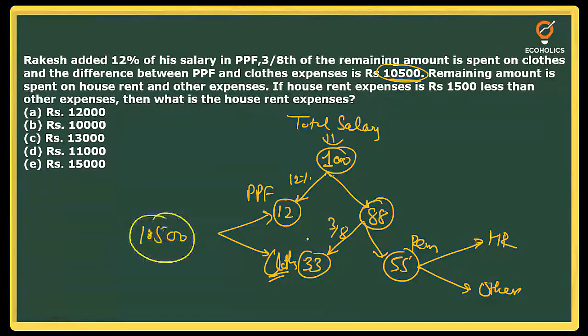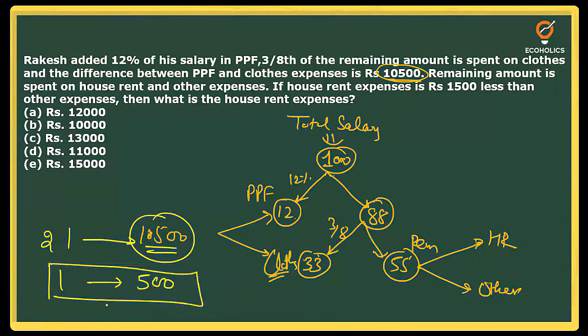So, 3 minus 2, that is 1. 3 minus 1, that is 2. So 21 is this. So it means 1 is 500. And if 1 is 500, so this will be 55 into 500. That is 27,500.